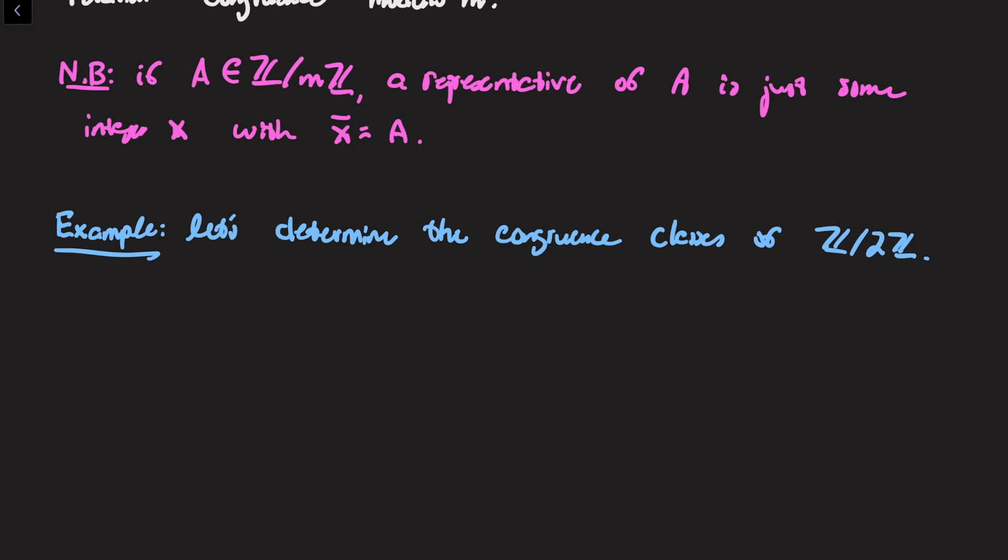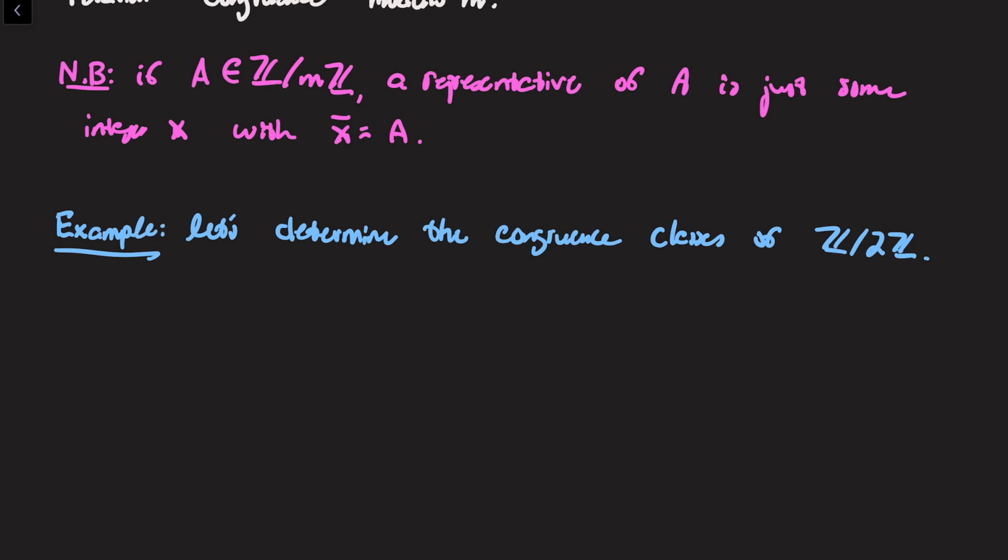So what do we know about equivalence classes that could help us here? We know that congruence classes, being equivalence classes, have to partition the integers. So every integer belongs to exactly one congruence class. So maybe we can use that to somehow limit the computation we need to do.